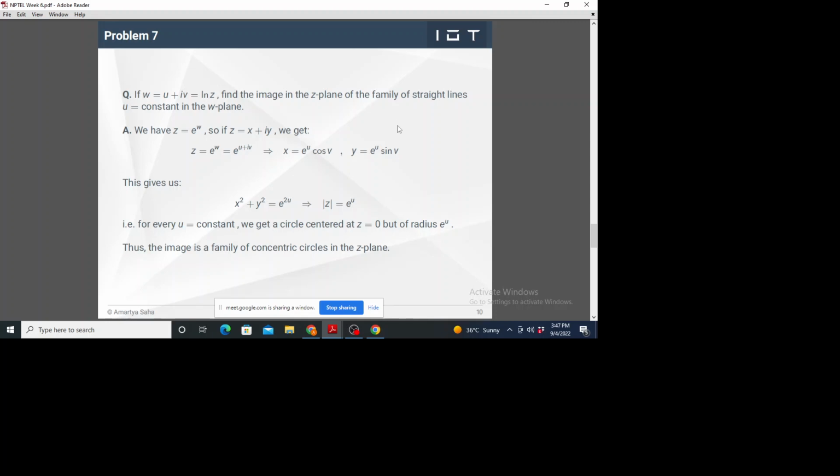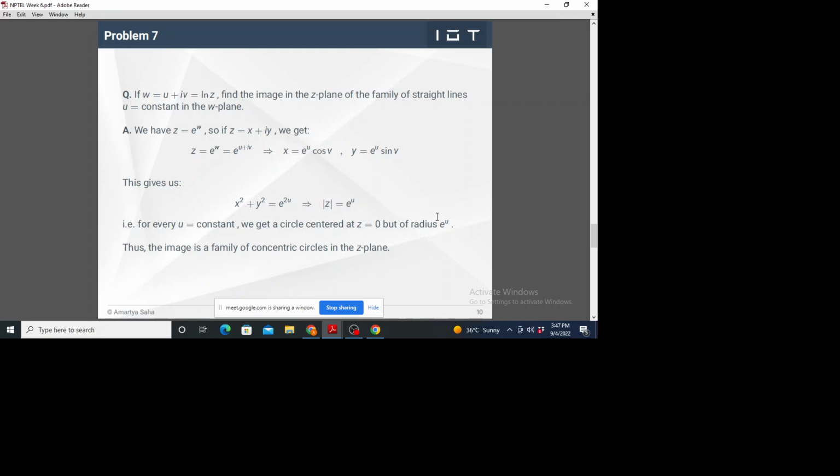But we are dealing with a family of straight lines. So u is a constant, but different constants represent different straight lines in the given family. That is what is meant by a family of straight lines. So u is constant, but different constants represent different members of the family.